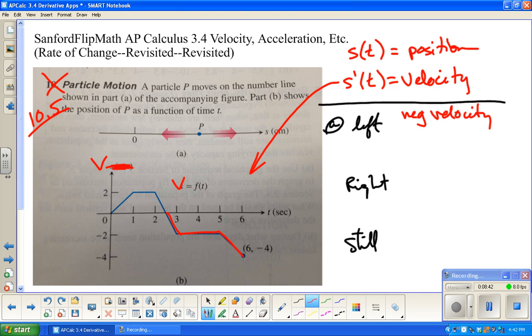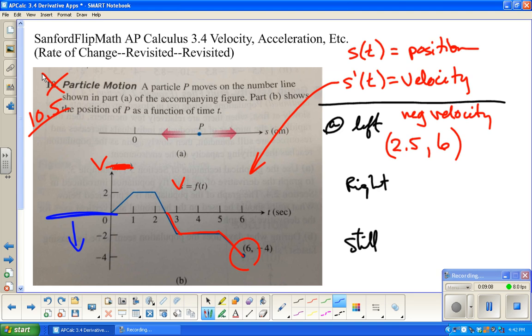So the question again is, okay, where is the velocity negative? Bam, bam, bam. Well, it starts at about 2.5. So from time 2.5 until time, well, I guess that'd be 6. Okay, so if this graph is about velocity, the velocities are negative under the x-axis, or the v-axis in this case.